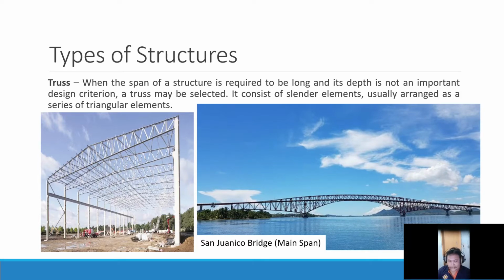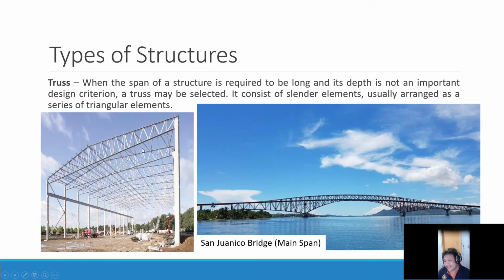Ginalimit talaga nila yung depth ng beam, kasi kung hindi nila ililimit yung depth ng beam sa mga bahay, sa mga buildings, matatamaan na yung ceiling. But in case of truss, tapos gusto mo ng mahaba siya, tapos hindi naman problema yung depth niya o yung height niya, we can use it as structure.